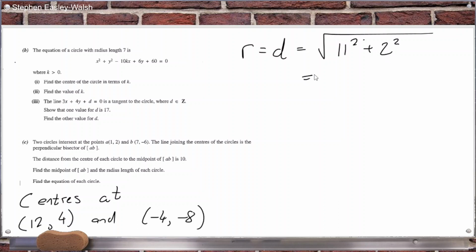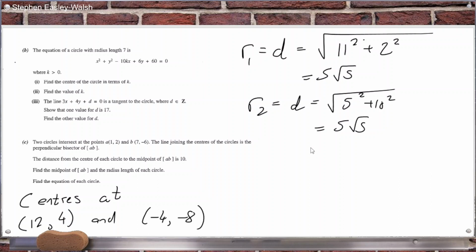Square root of 11 squared plus 2 squared. That's 5 root 5. And then for the second circle, the distance would be square root. Now it should be the same if I use 1, 2. So minus 4, so that would be 5 squared plus 10 squared. So that's also 5 root 5.